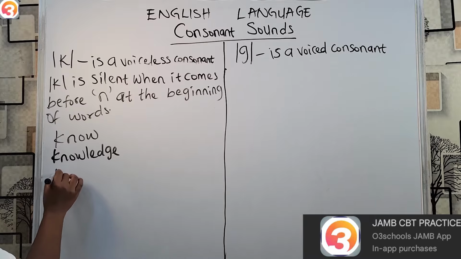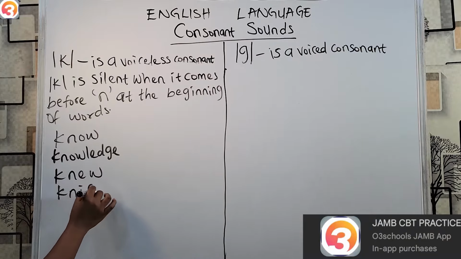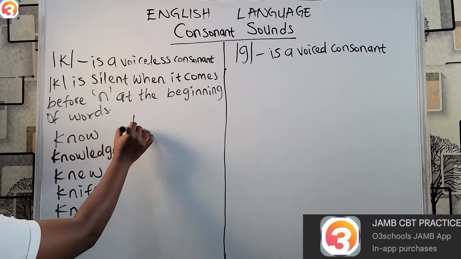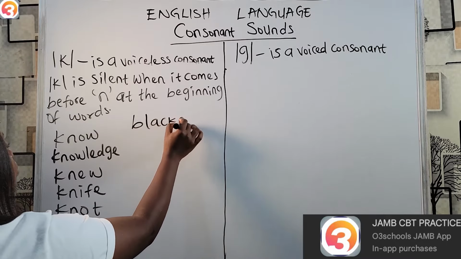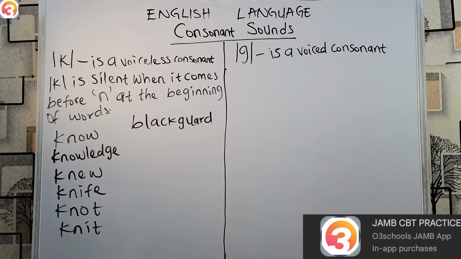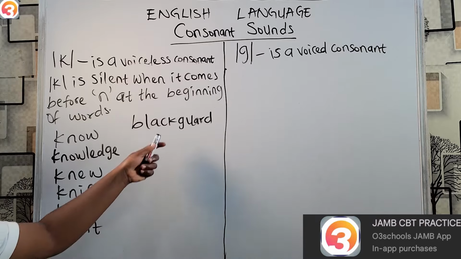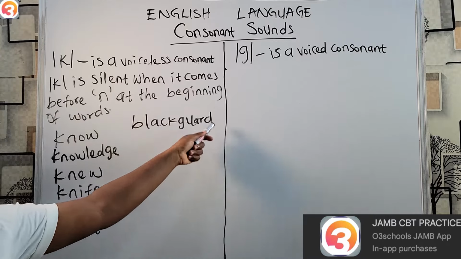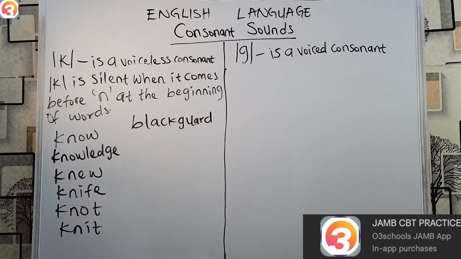Words like new, knife. Other words we have not, neat. Then we also have blackguard. Though here the K is not coming before an N at the beginning of the word, but in this word the K is silent.